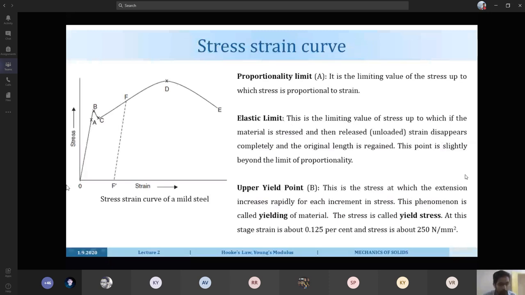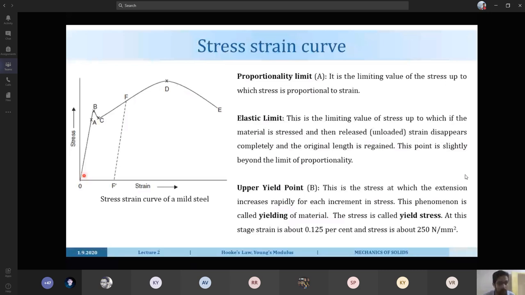The stress is plotted along the y-axis, and strain is along the x-axis. When we initially give some tensile load, we see that the strain also increases, like the elongation also increases. Suppose you are pulling a rubber band or a plastic sheet, in the initial part, when you apply some force, there will be some elongation, and you can calculate the stress as well as the strain, and for some time the stress is proportional to the strain.